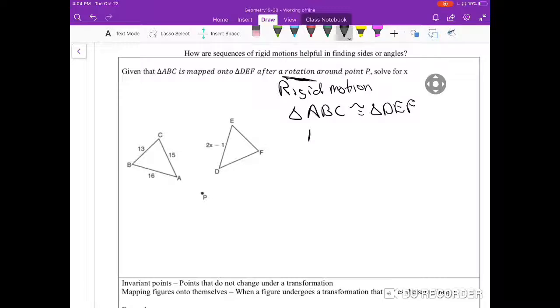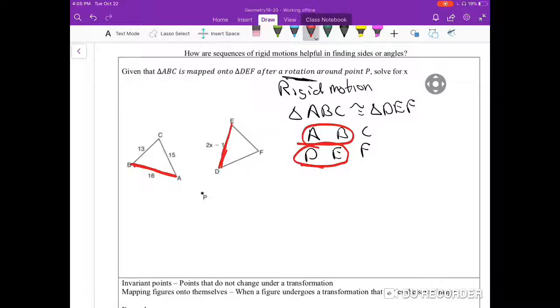And we talked about we would stack our letters on top of each other because they're talking about side D to E. And side D to E lines up with side A to B. So these two, we know, since it's a rigid motion, they're congruent.